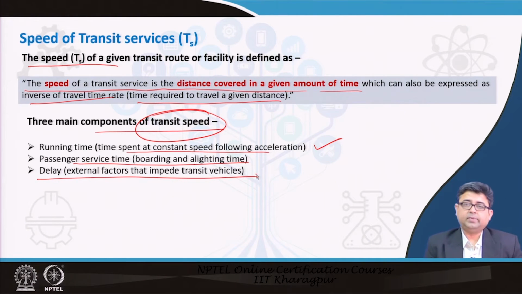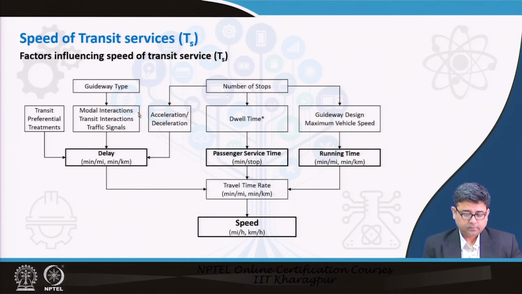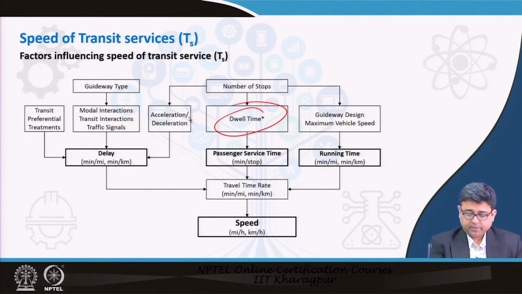And also delay, the external factors that impede transit vehicles because of congestion. If you do not have exclusive right of way, then you are delayed by other things, signals, and so on. So, all of these components play a crucial role in determining the transit speed. Again, we have already talked about all of this: dwell time, delay, running time, passenger service time.